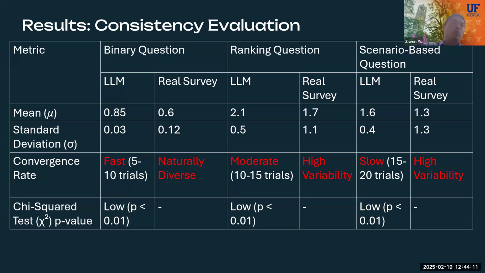However, what we see in the real survey is very diverse results, especially for this question, and we don't see any sign of convergence for the real results. A similar thing happened for the other 2 questions of different complexities, although the convergence happened at 10 to 15 trials for the ranking question, and 15 to 20 trials for the scenario-based question.